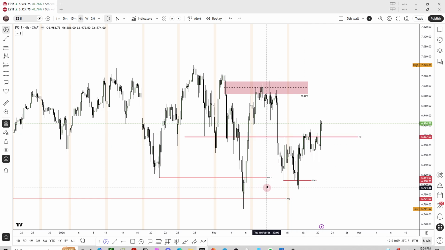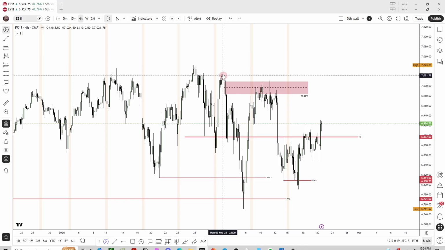So with that, the day of the purge. The day of the purge here, count back 1, 2, 3. Ideally we were targeting here, but we had this balanced price range to block that. We have a run on stops here with this candle. We have a market structure shift with this break, a retrace back into this balanced price range, short into a discount.